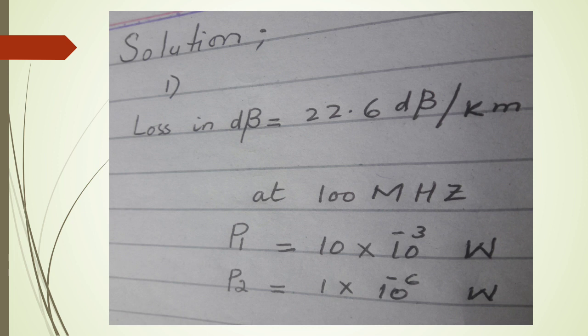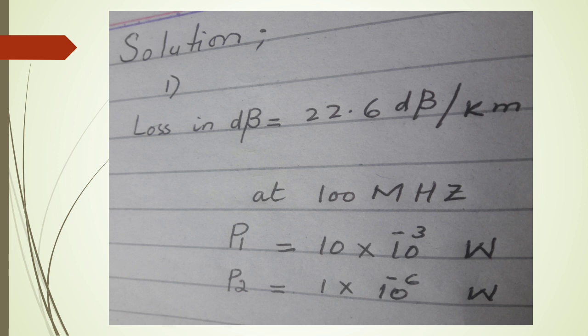You see, we consider the coaxial cable first. This is the first part of the question, and in the first part of the question, we consider the coaxial cable. You see, this is the loss per kilometer in this coaxial cable when it is operated at 100 megahertz signal.